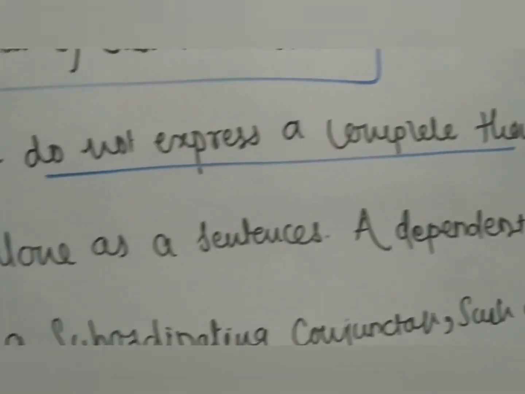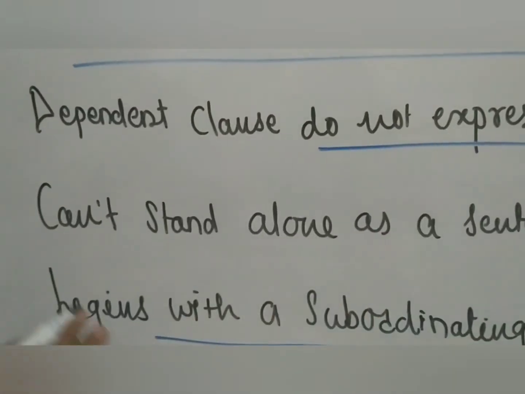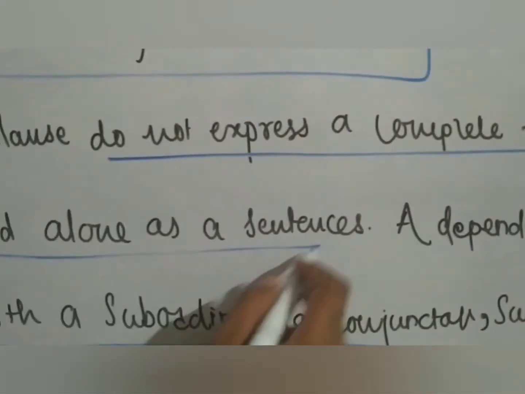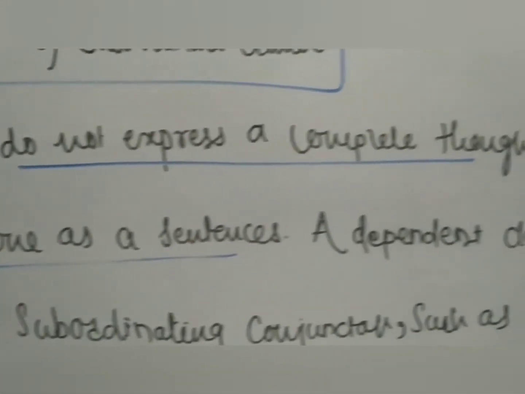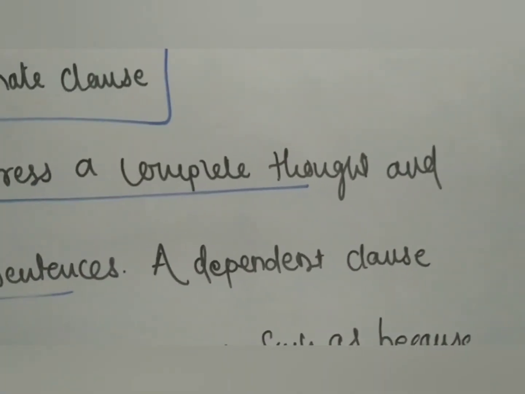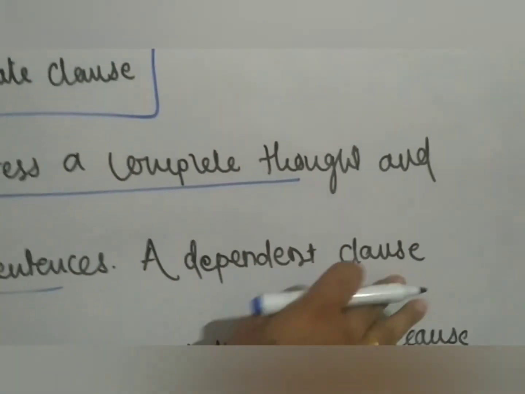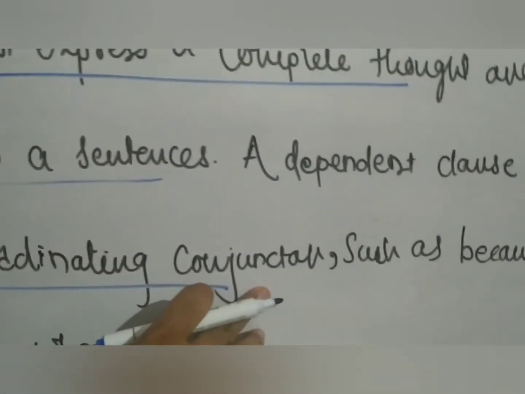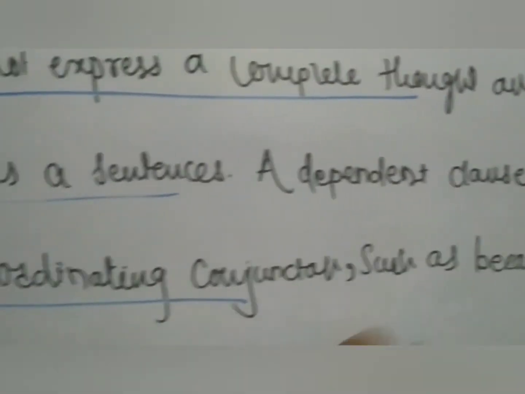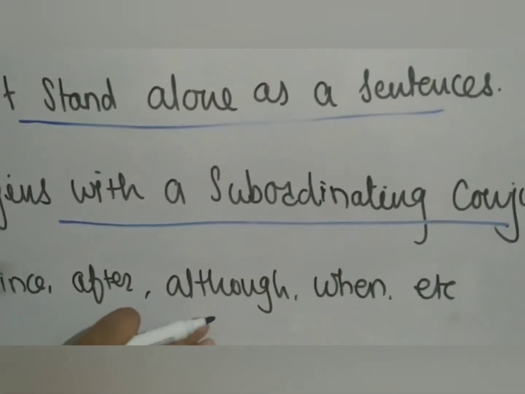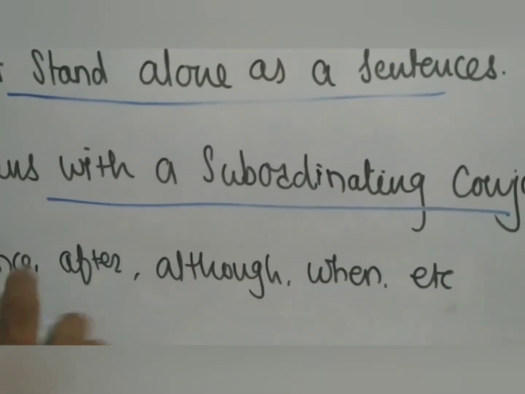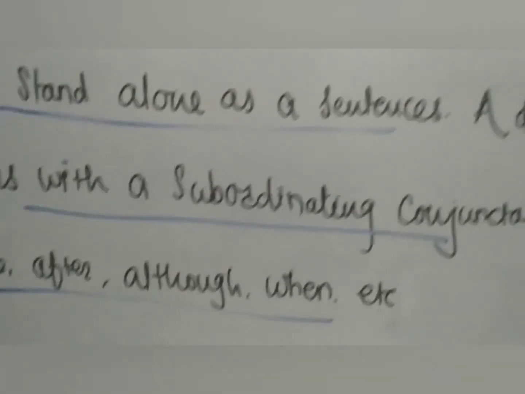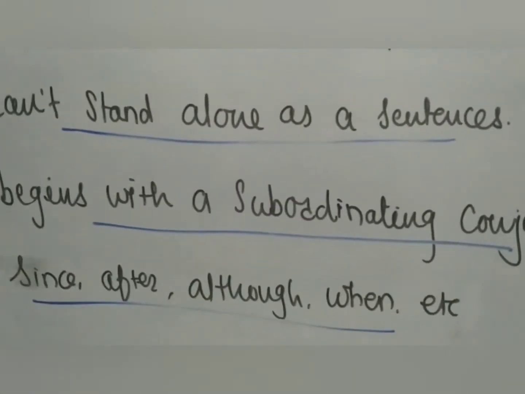It depends on an independent clause and can't stand alone as a sentence. So it is not a meaningful sentence by itself. A dependent clause begins with a subordinating conjunction such as because, since, after, although, when, etc. These are the subordinating conjunctions which are used to make a complex sentence.